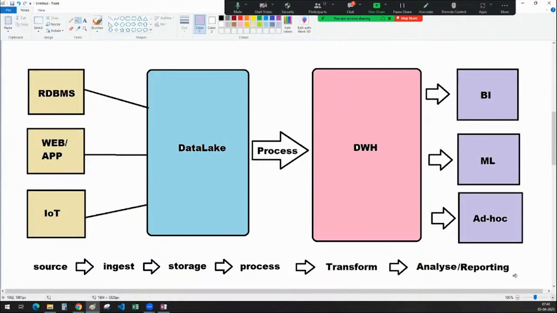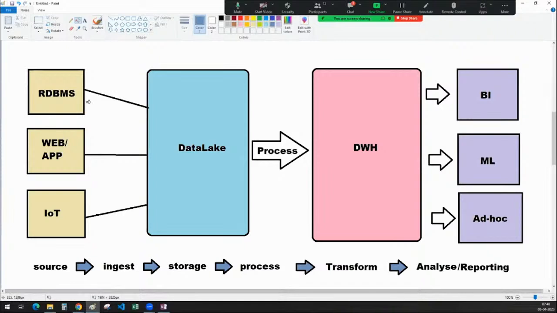So in a data life cycle, these are the processes you come up with, guys: you have a source, ingesting, storing, processing, as well as transforming the data. This architecture is very helpful for you to understand data engineering, guys.